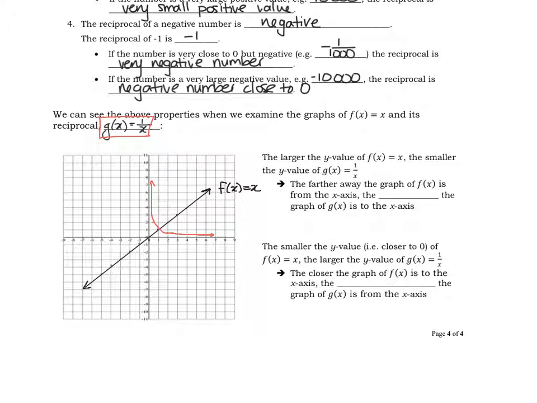And obviously my asymptotes for my rational graph, my 1 over x graph, are y equals 0 and x equals 0. Okay. So now let's take a look at these properties that we discussed above and how we can see them visually with this graphical representation.